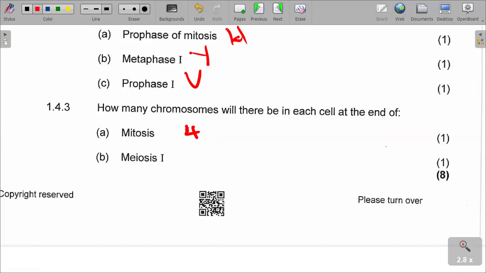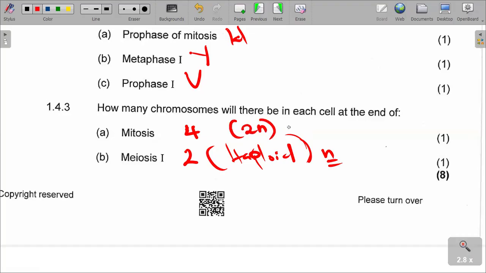The original cell has 4 chromosomes, so at the end of meiosis 1 it must have half, which is haploid, given as N. And remember, here we say that mitosis is 2N, which is also equal to 4, as we have said.